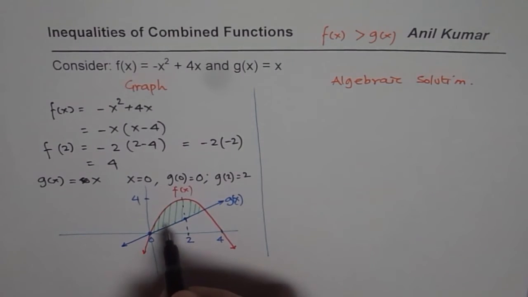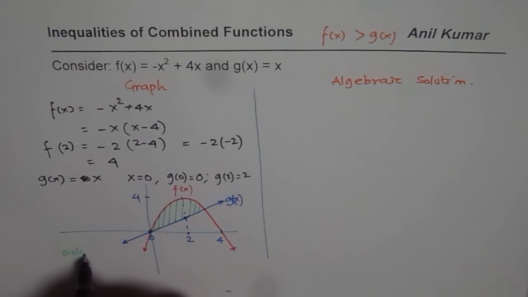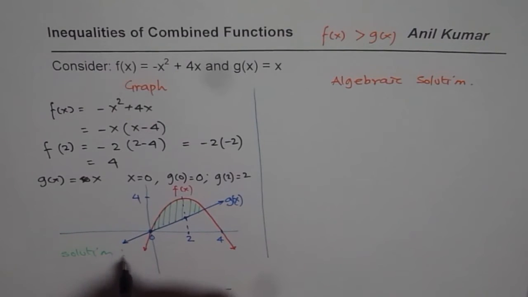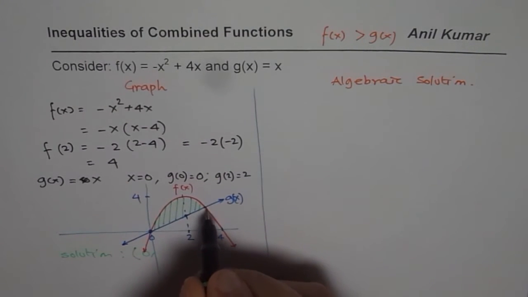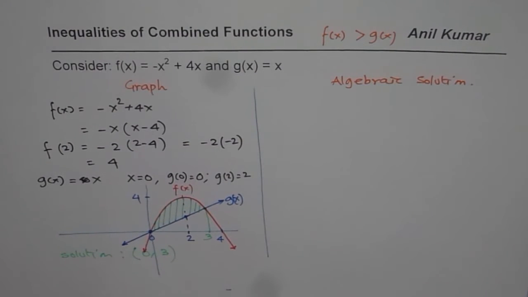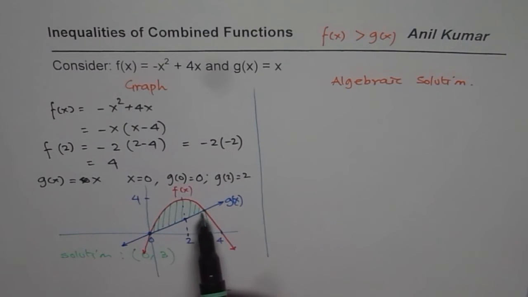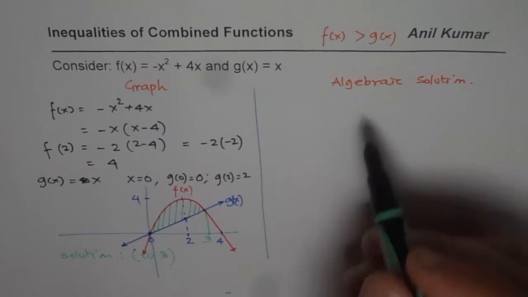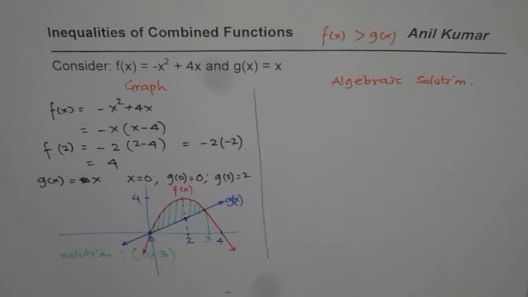So our solution in this case will be from 0 to this point, and this point seems to be at 3. Let's write down 3 here for the time being. If you do it on graph paper, it'll be very close to 3. And once we do the algebraic solution, we'll get the accurate value.